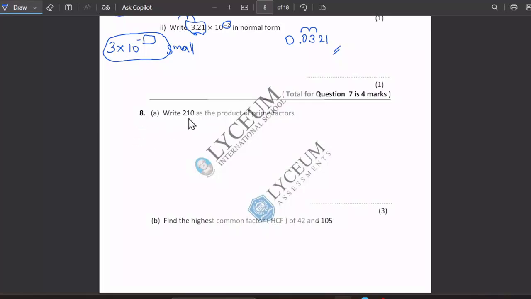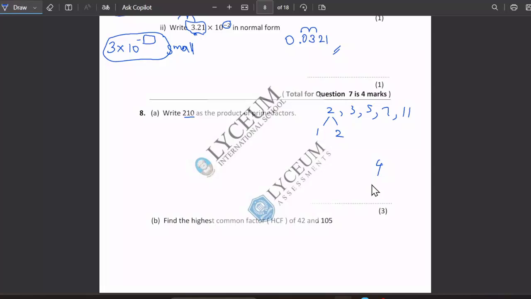Also write 210 as a product of prime factors. Okay, prime factors mean 2, 3, 5, 7. After 7 we have 11, like that, prime numbers. You know what prime numbers are, right? Only 1 and the number itself are the factors.